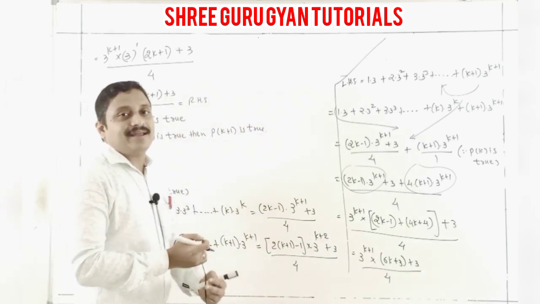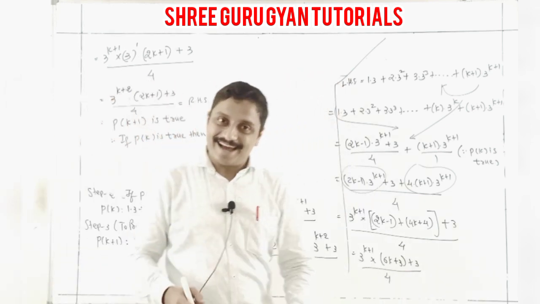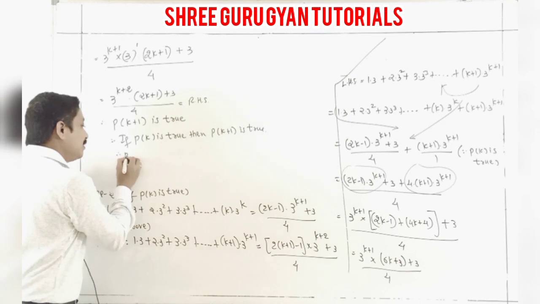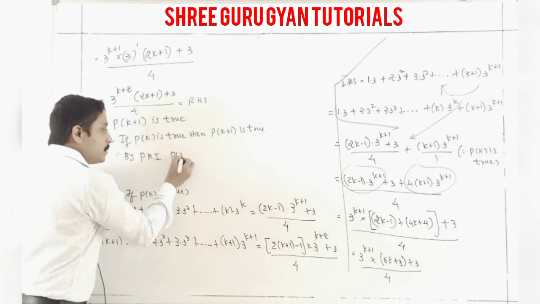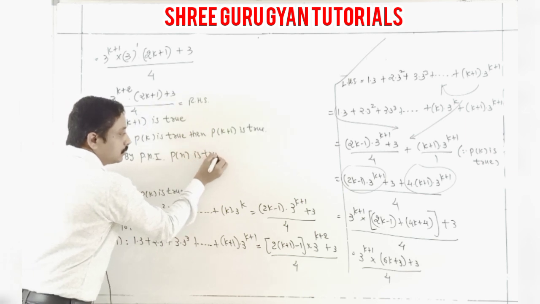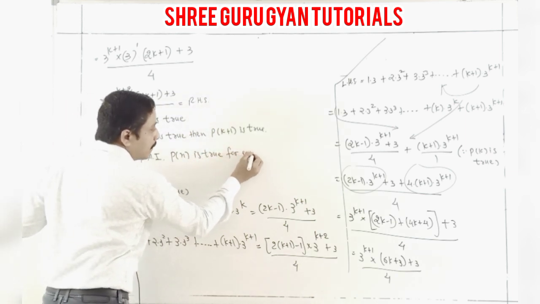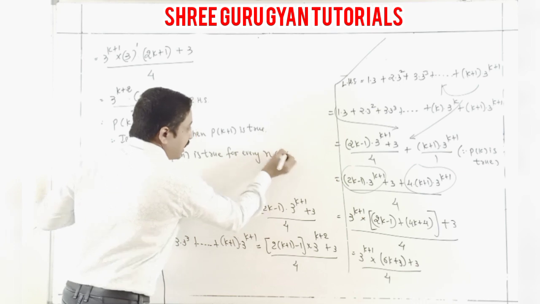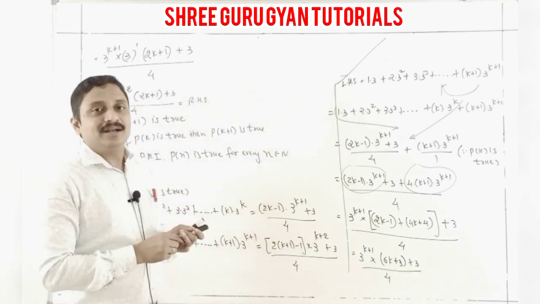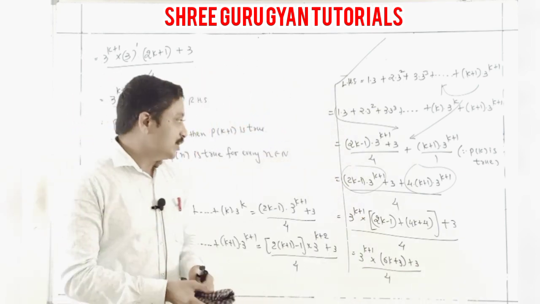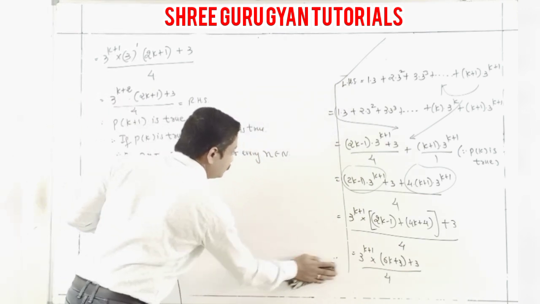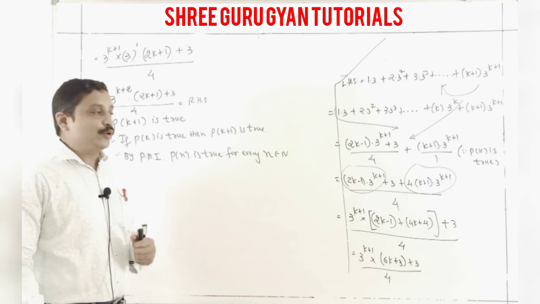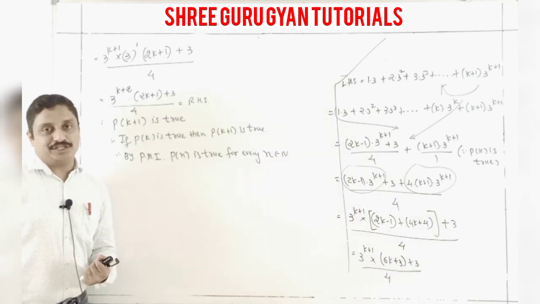That's why I tell in the last line: therefore, by PMI, Pn is true for every n belonging to natural numbers. And here students, this question is also happily done. Yes, I hope you understood this type of question.